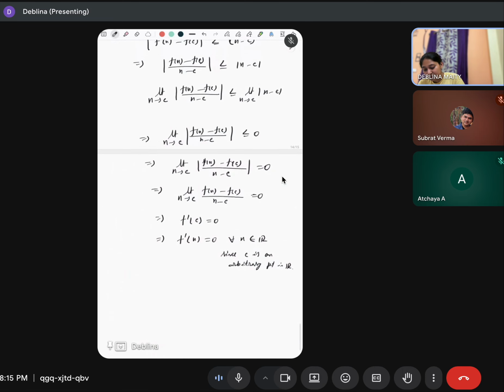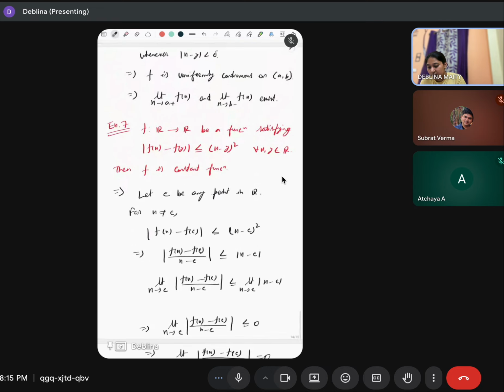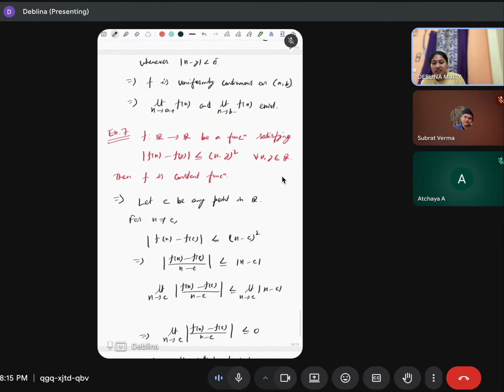So this implies f is constant. So if f satisfies this condition, then also f is a constant function. Right.